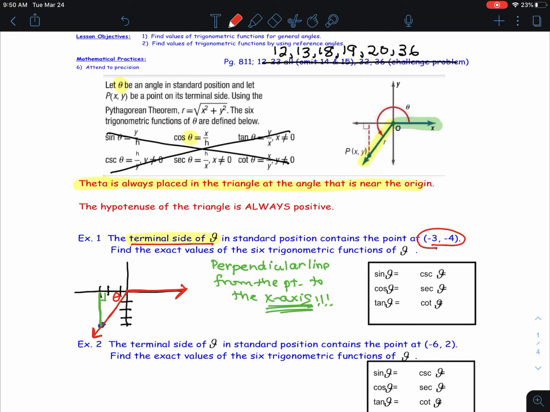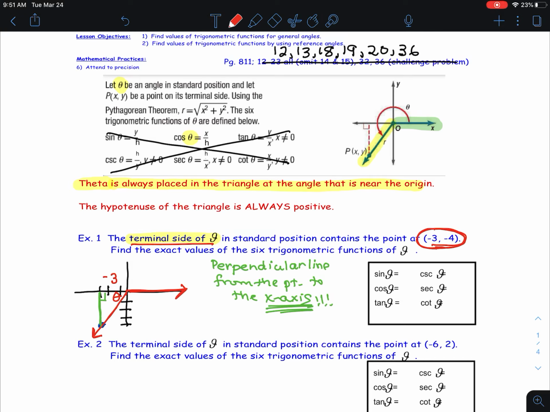Then I'm going to take the fact that the point was -3, -4, and now this is where it's going to feel a little bit weird, I'm going to label the horizontal leg of my triangle as a -3. I know that's odd because usually we don't refer to lengths as being negative, but this is telling us what side of the x-axis this horizontal leg is on, and because it's sitting on the negative side of the x-axis, I am labeling it as a -3.